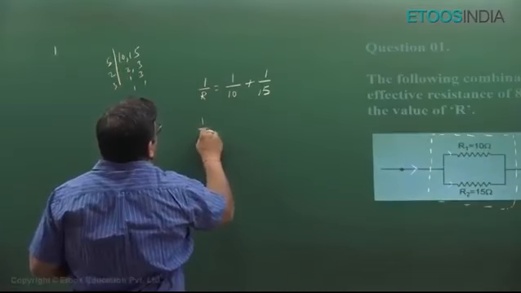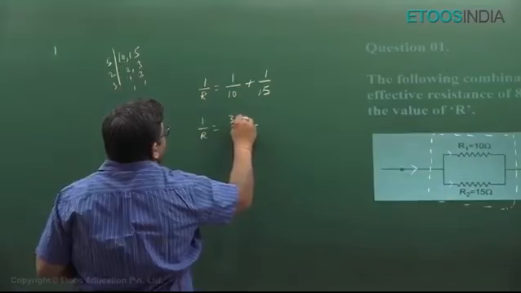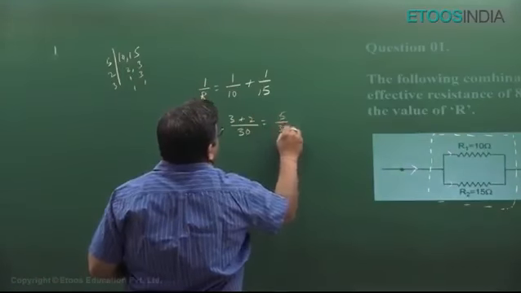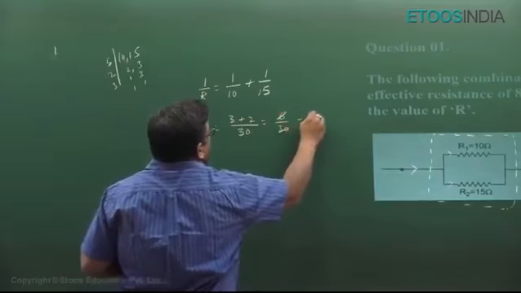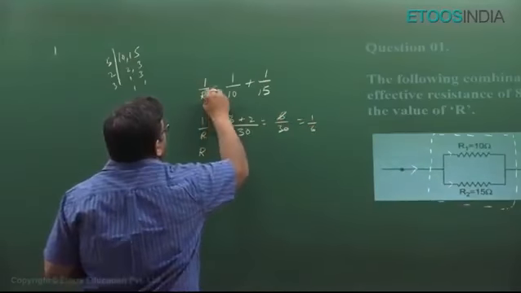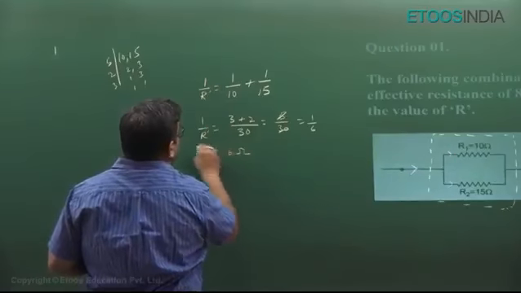So 1 upon R is equal to 3 plus 2 upon 30. It comes out to be 5 upon 30 or 1 upon 6. So the value of R, I'll just say R dash, R dash will be 6 ohm.